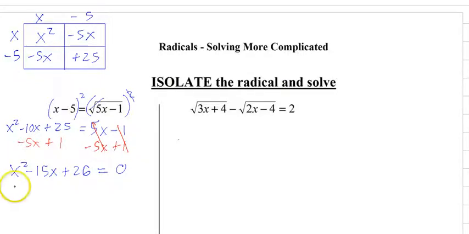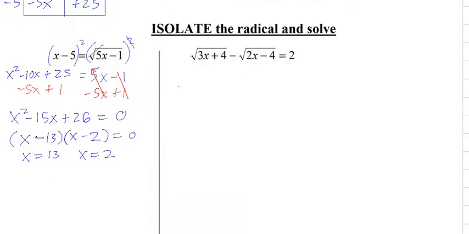And this one is factorable, so I'm going to choose factoring over quadratic formula because it is quicker. So factors of 26 are 13 and 2. So this would give us x equals 13 and x equals 2.